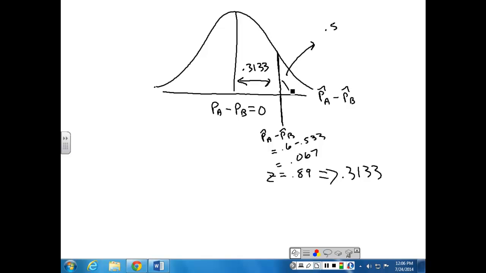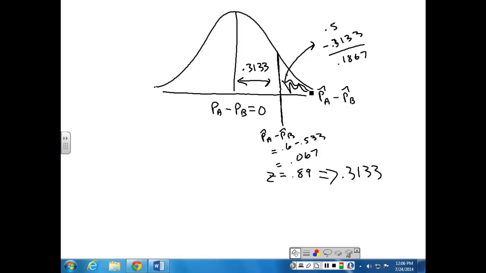Let me shade this in for the p-value. 0.5 minus 0.3133 is 0.1867, if my math's okay. I believe I'm good on that. Do you agree with your calculator there?